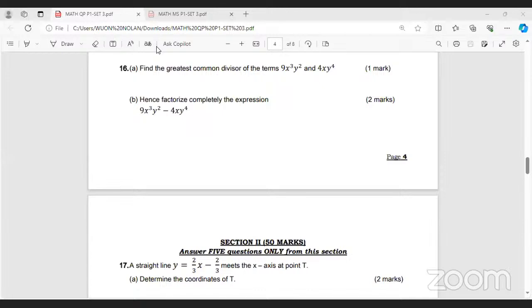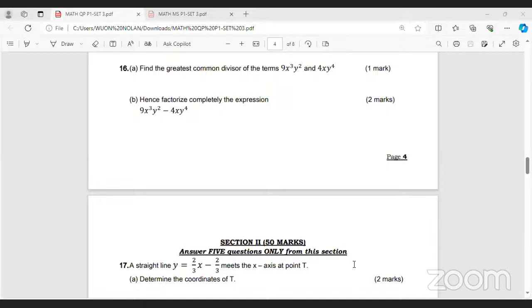In Form 1, you were taught to factorize by grouping, where you group some items in twos, then from each you get the common factor out. Then in Form 2, you were taught how to factorize using the quadratic identities.